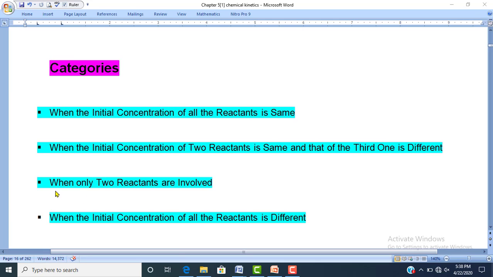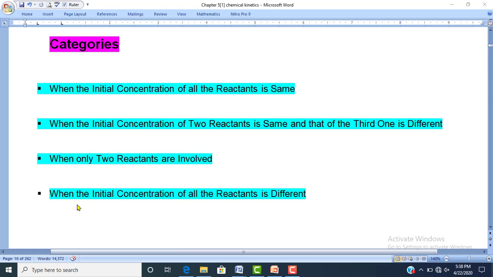Third category, when only 2 reactants are involved. And the last category, when the initial concentration of all the reactants is different. So we will study them one by one in the upcoming lectures.